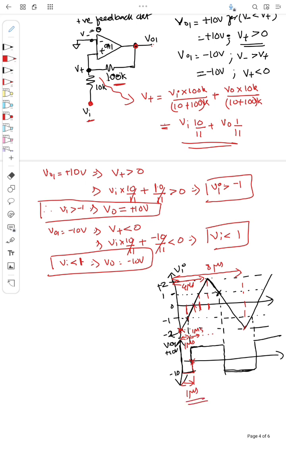From 0 also it is delayed by 1 microsecond. This is not aligning with the 0, so there is a delay. So V01 is delayed by 1 microsecond with respect to Vi.